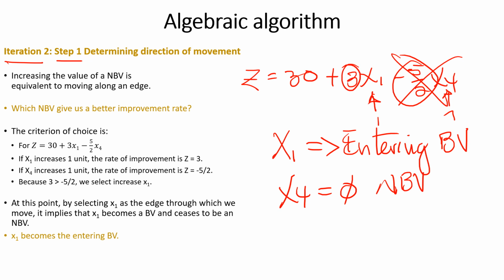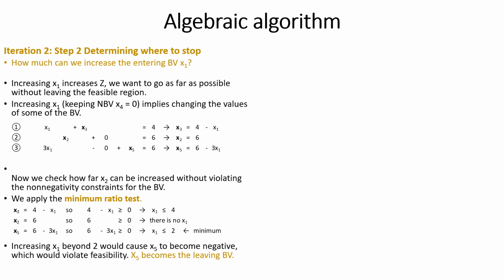Now let's go to iteration number 2, step 2, where we want to know how far we got to go. We say that x1 is my entering basic variable, and we want to know how far we can go with it.